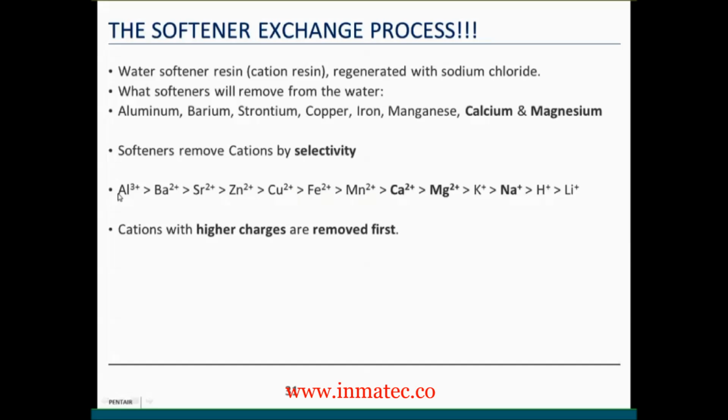To remove aluminum from cation resin, we need to regenerate with more salt, because it takes more of these to push this big guy off the hill, like they're playing king of the hill. It may only take 1 or 2 to push calcium and magnesium off that hill, but it takes a lot more sodium to push these guys off the resin.